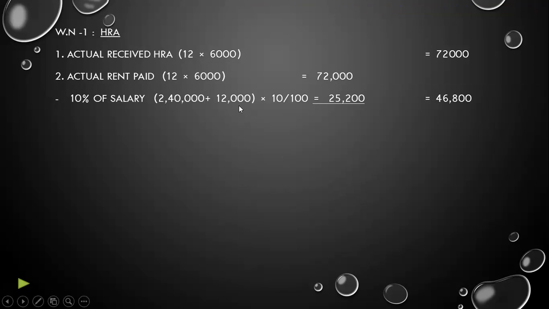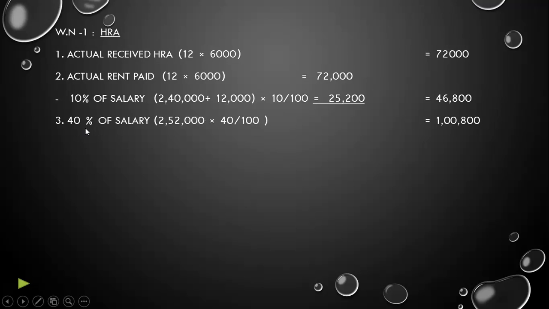So 12,000 is added to 2,40,000, so that amount will become 2,52,000 into 10 by 100. So it will be 25,200. We'll minus 25,200 from the 72,000, then we get 46,800.